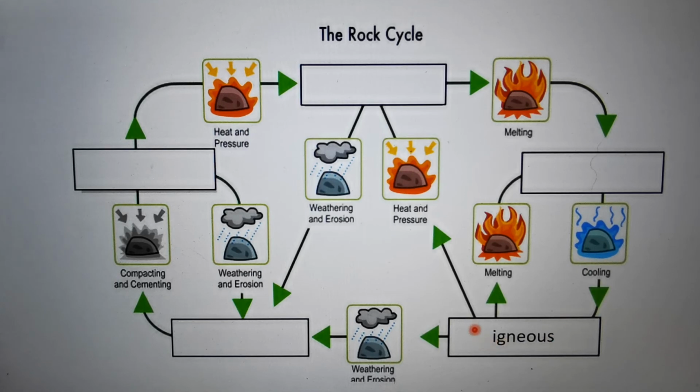Now, what's the other thing that can happen to igneous rock? It can also undergo heat and pressure deep under the ground and turn into a metamorphic or a changed rock.